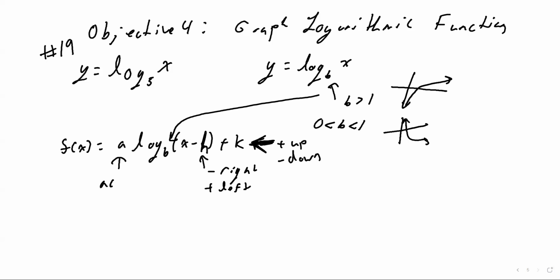If a is less than 0, that's what you were asking earlier, it actually is going to reflect across the x-axis. If this a is less than 0, meaning it has a negative in front of it, then it will reflect.